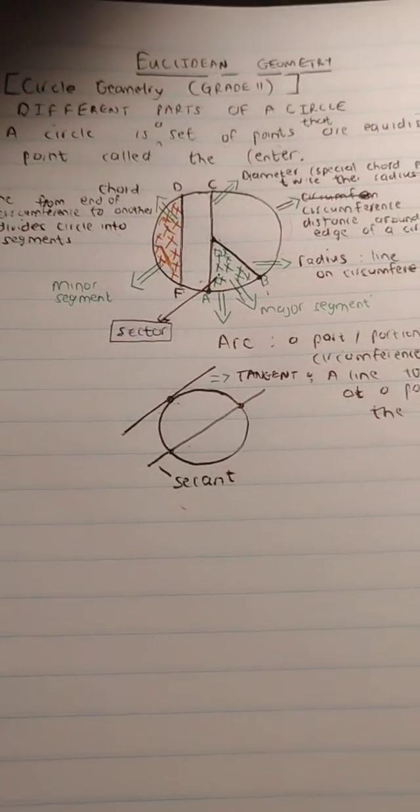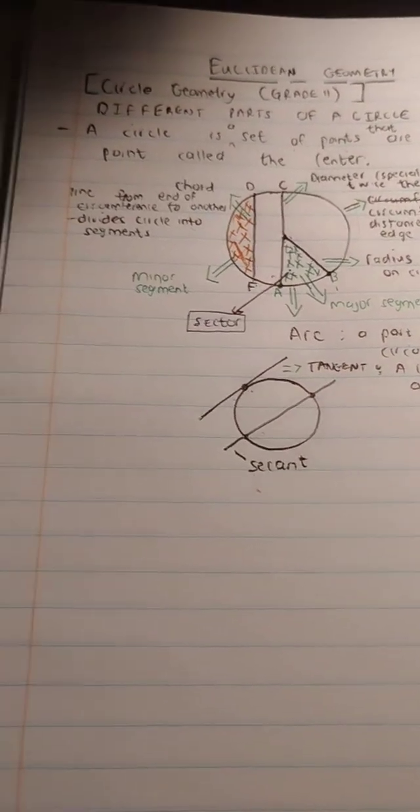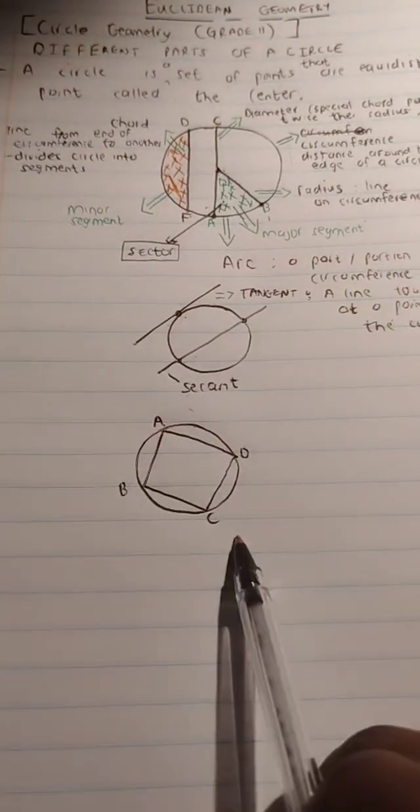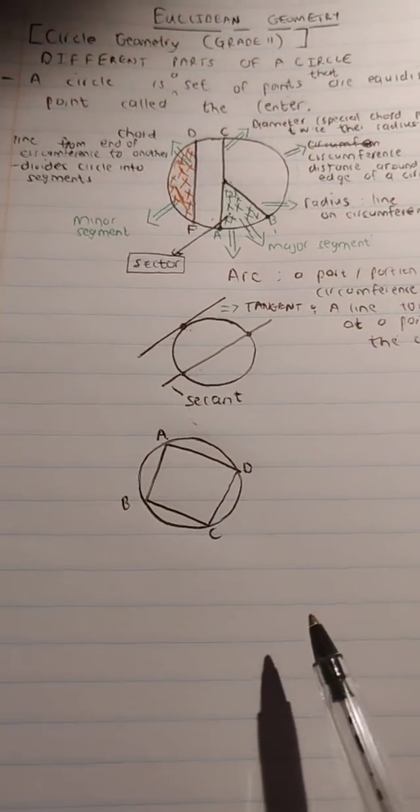Now, I just want to mention one last thing. When a circle has a four-sided shape, right? And these points of the four-sided shape all touch the circumference of the circle.